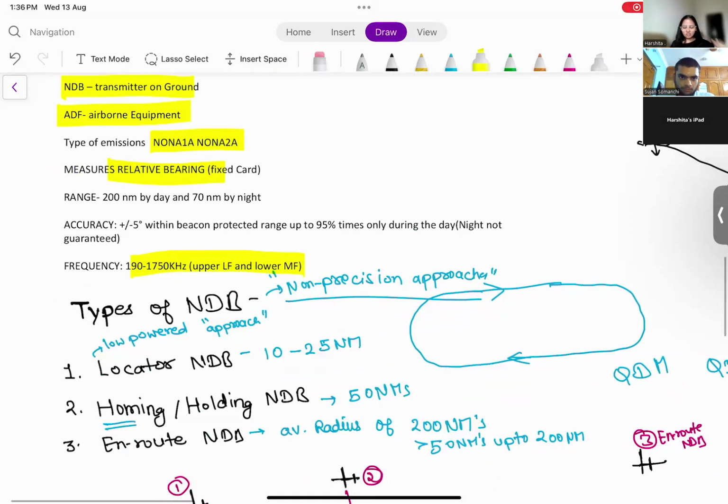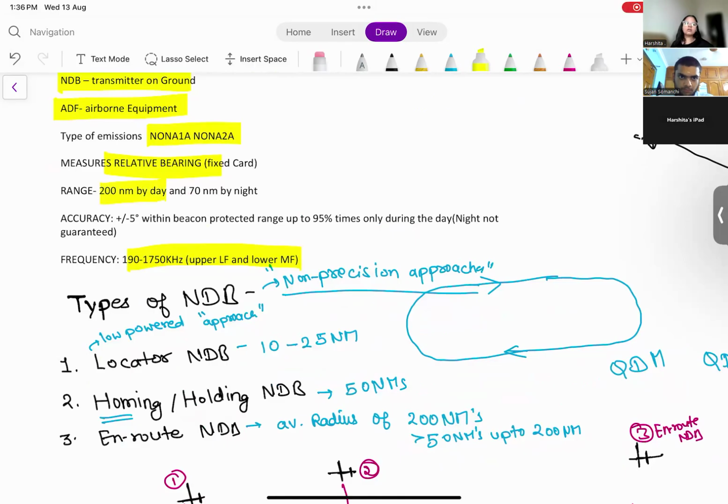What is the range? Range of NDB is 200 nautical miles by day, but by night it is reduced significantly. It becomes almost 1/3. By night, what will the range be? 70 nautical miles. Because we discussed that the accuracy is not there at night. Accuracy is only during the daytime, which is plus minus 5 degrees, and during the night, the accuracy is not guaranteed.